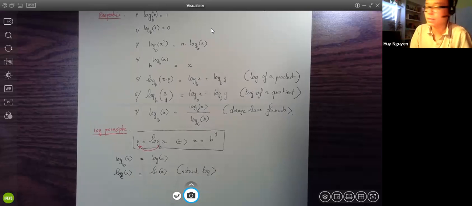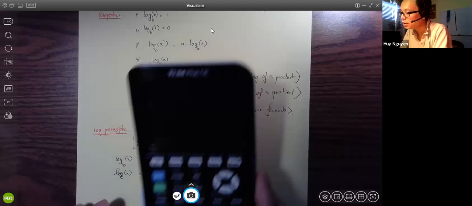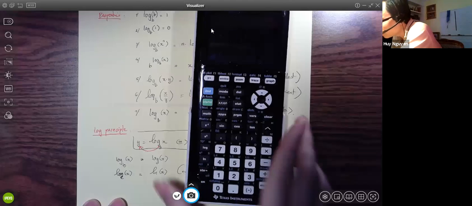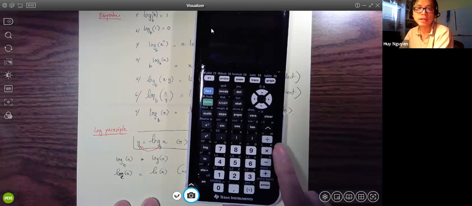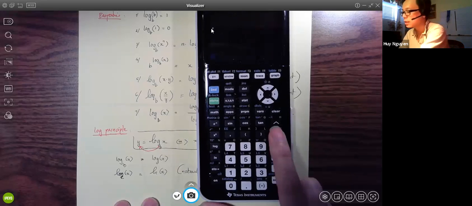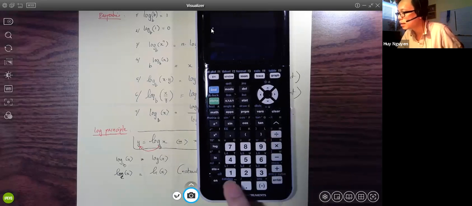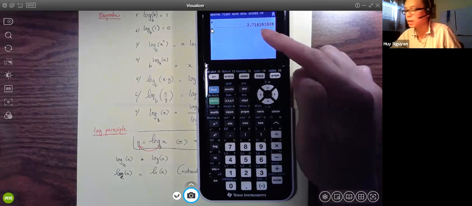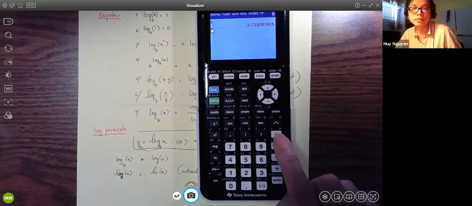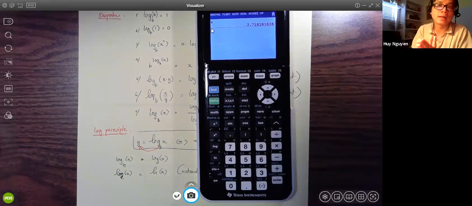Some students ask me what the e number is. Actually, you can see the e number right over here. If you have a graphing calculator or just a scientific calculator, the e number is 2.718. You see the letter e right here. So log base e means log of base 2.718.